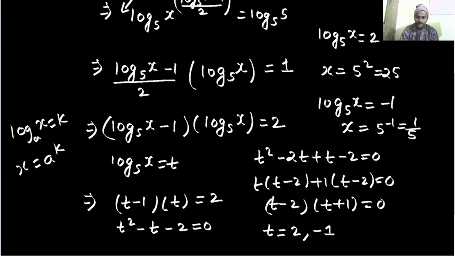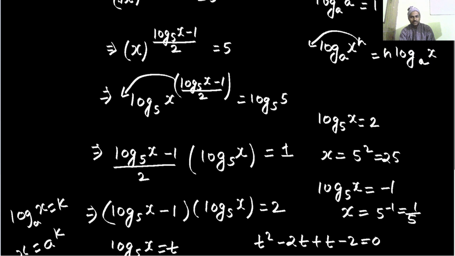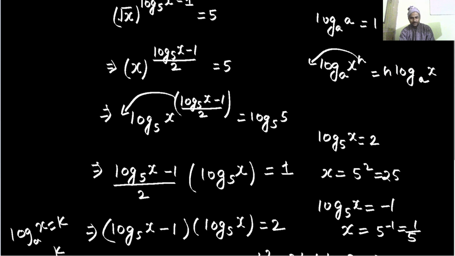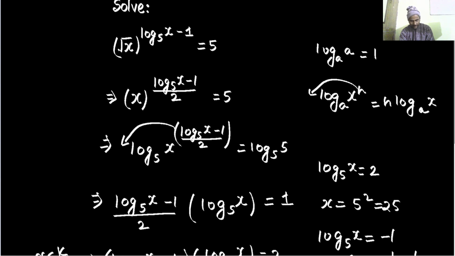But these are not enough. You always have to check this value by putting it in the equation which you already have. You have got two values, 1 by 5 and 25.